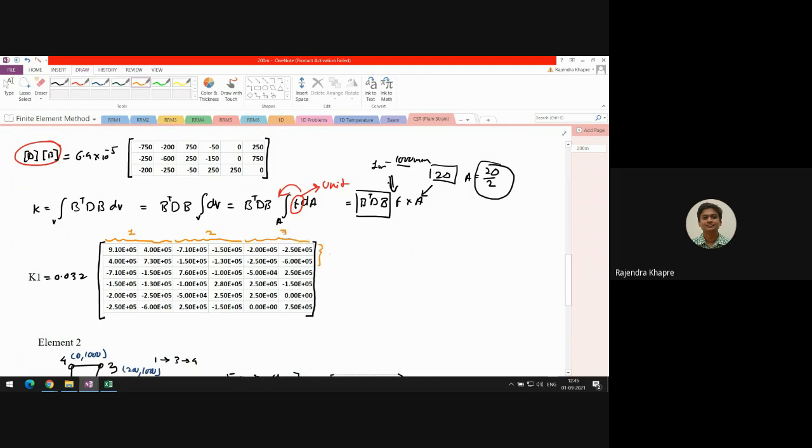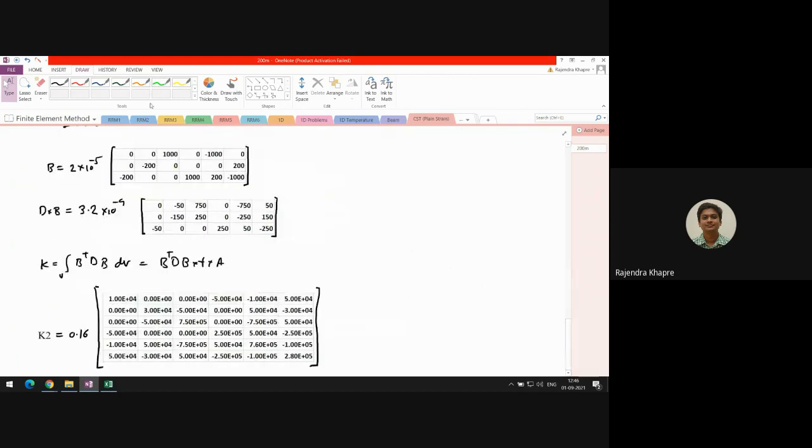Similarly for the rows. Specifically, the columns are 1x, 1y, 2x, 2y, 3x and 3y, and similarly the rows are 1x, 1y, 2x, 2y, 3x and 3y. So this is your K1 matrix.